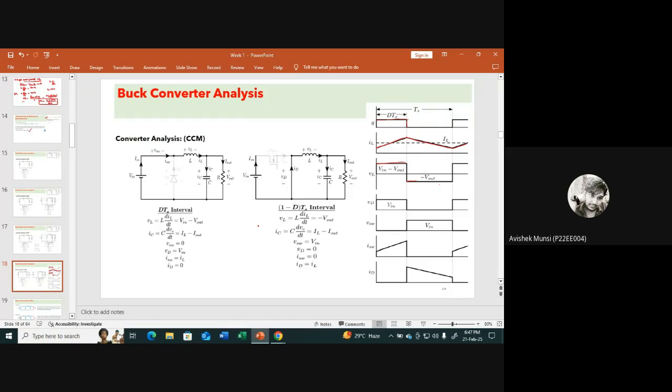The voltage across the diode will be V in for the on time, and the voltage across the switch will be V in for the off time. The switch current increases during the on time, and whenever the switch is off, the diode conducts because of the reverse bias, and the current discharges through it. So this is the graphical analysis of this buck converter.